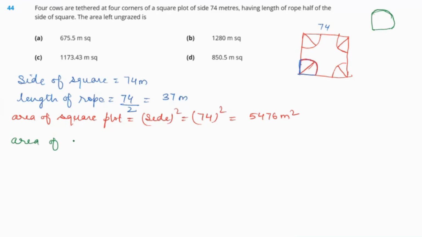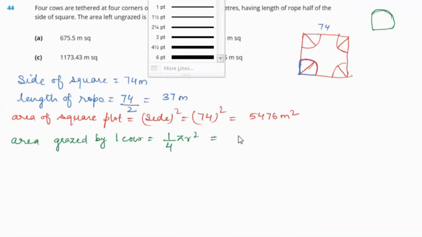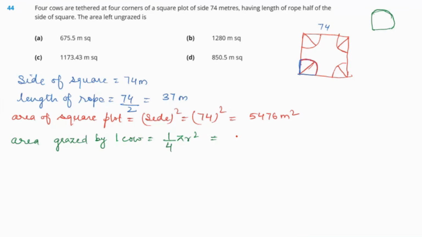To figure out the area grazed by one cow, we apply the formula for the area of a quadrant, which is 1 by 4 pi r squared. So we get 1 by 4 times pi, which we can take as 22 by 7.